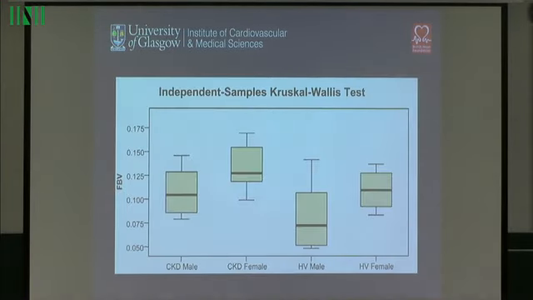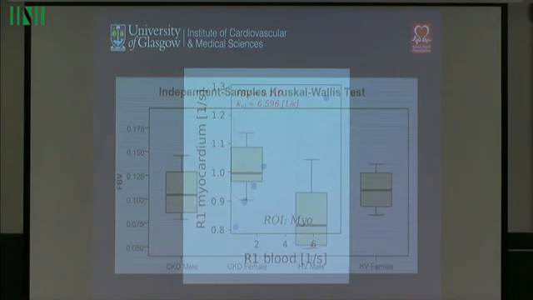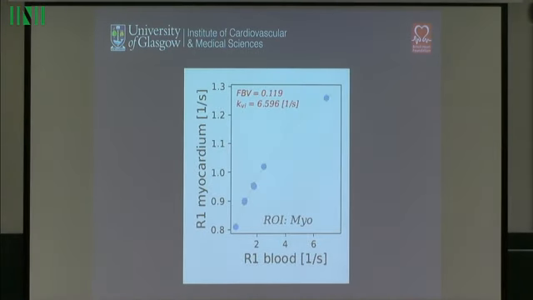So if we look at this slide here, pick one of the numbers, this is where the numbers come from. We have measured pairs of values of T1 relaxation or its inverse R1 in blood pool and in myocardium in response to pulsed injections of ferumoxytol, which is an iron-based contrast agent.